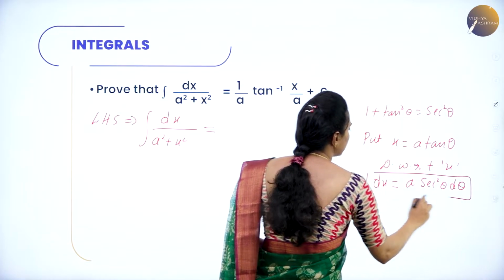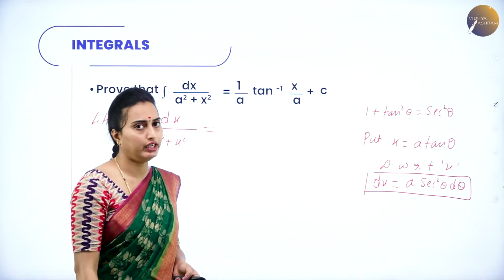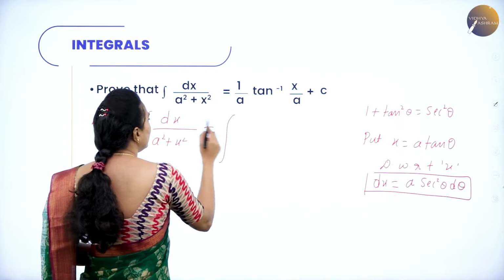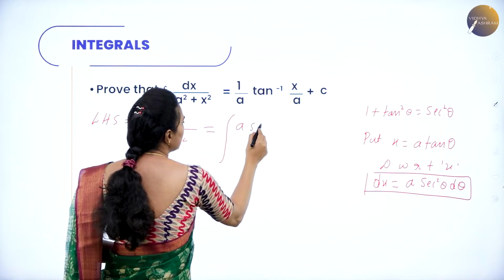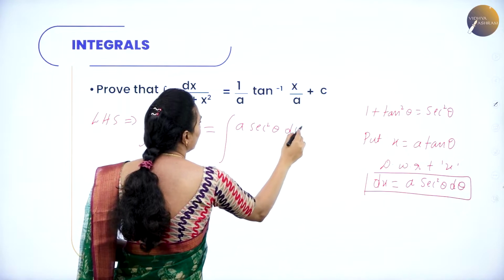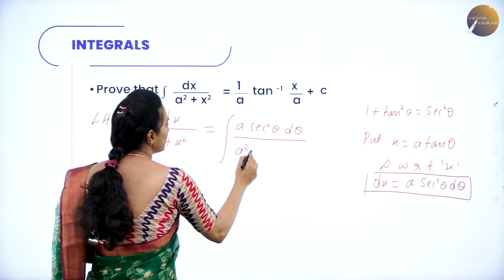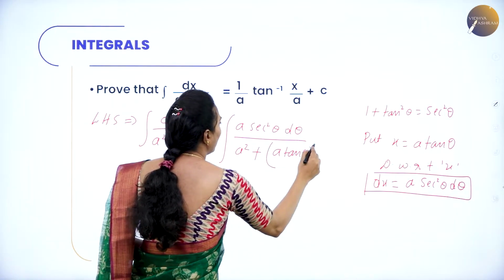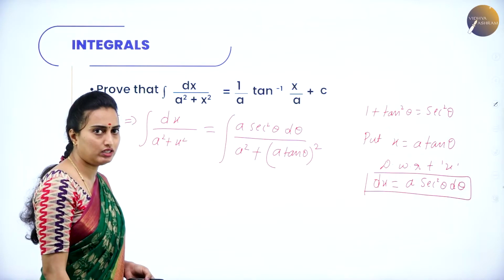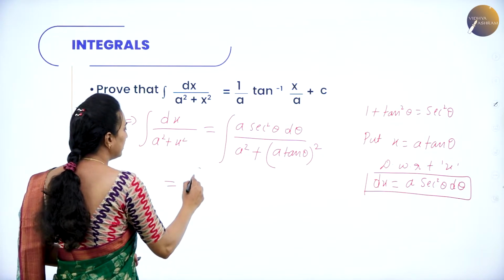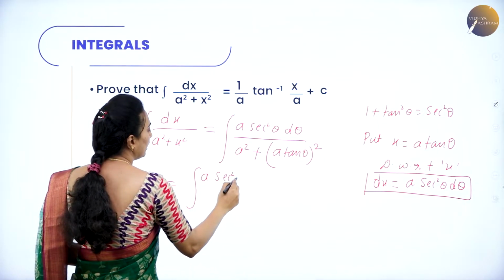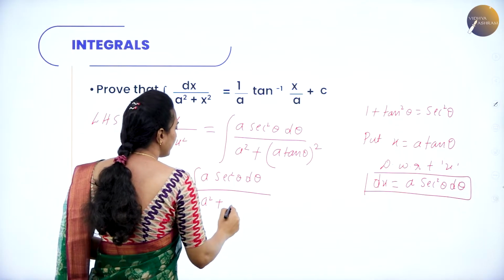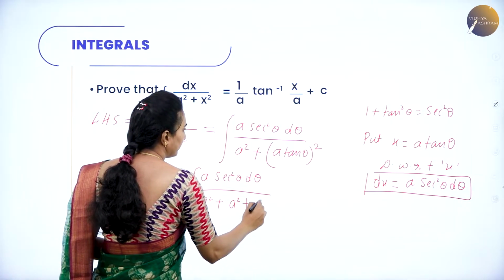Now substituting dx as a into secant squared theta into d theta and x as a tan theta, what happens to this? Integral of dx is a into secant squared theta into d theta divided by a squared plus x as a tan theta whole squared. Now a tan theta whole squared is nothing but a squared tan squared theta. Therefore, I can simplify further: a into secant squared theta d theta divided by the denominator a squared plus a squared tan squared theta.